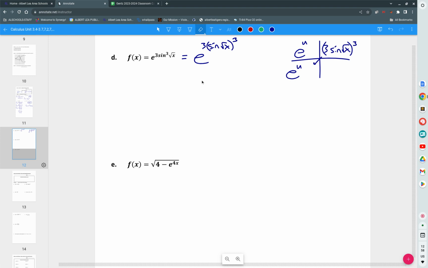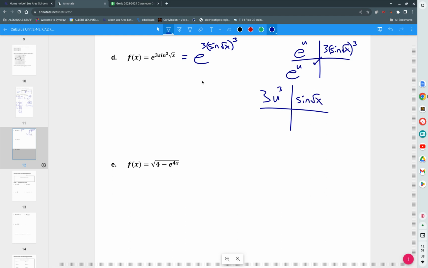No, it's just the sine. Chain rule again. So I would have 3u cubed. And then what?